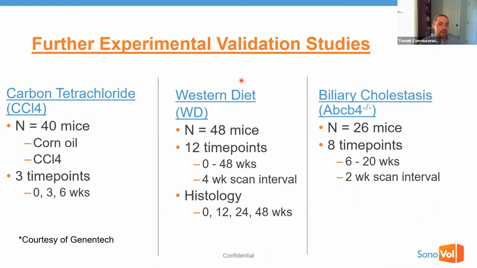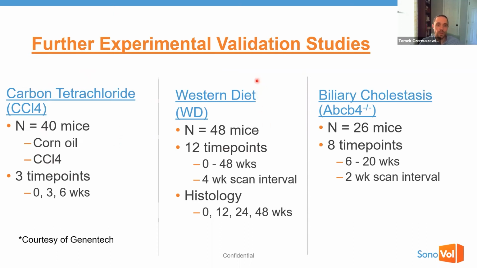Okay, so in the next slides I'll quickly go over some further validation studies that we've done so far. Some of these are actually ongoing studies. There's a whole host of animal models out there that span various types of liver disease. We've performed some analysis through collaborators on carbon tetrachloride, which is the very classic model of fibrosis.